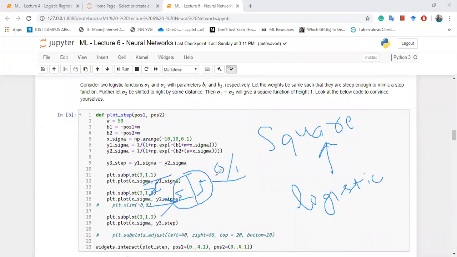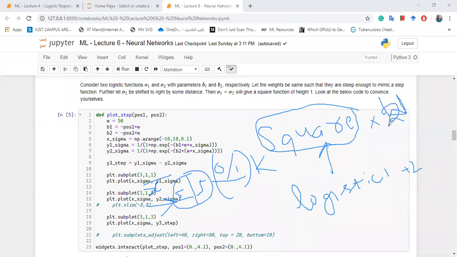Fine. And this 0 and 1 can always be scaled up by multiplying it with some constant k. Similarly, if we have two logistics, logistic 1 and logistic 2, we take the algebraic sum, we can always generate a square wave, whose magnitude we can control by multiplying it with some constant, say in this case 2, or some constant w.